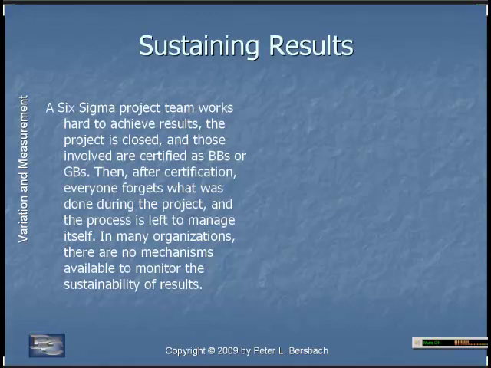In many organizations, there are no mechanisms available to monitor the sustainability of the results. So he's concerned with, once the project is completed and everybody's certified, that everybody just forgets about it and it's left to its own accord, I believe.